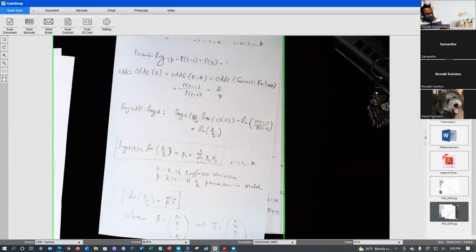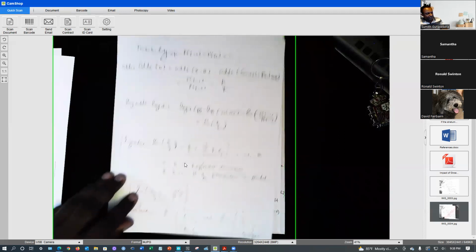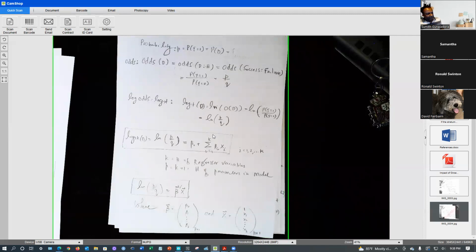It's equivalent to this logistic equation, not y. Not the probability, not the odds, but the logit.